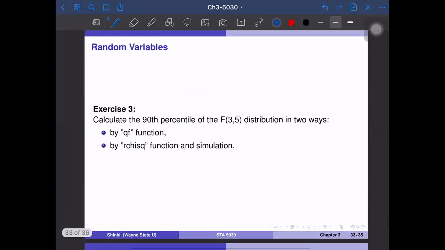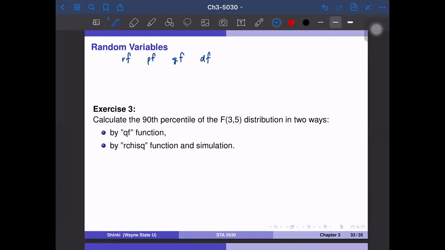Yeah, and F distribution can be used in R by using the same kind of functions: the RF function, PF function, QF function, and DF function.